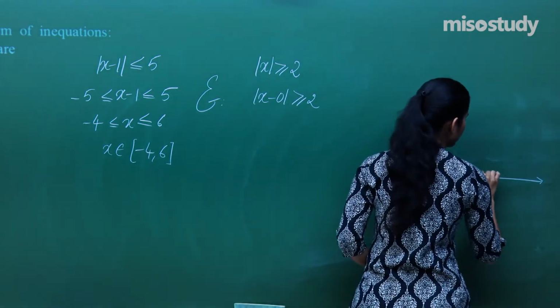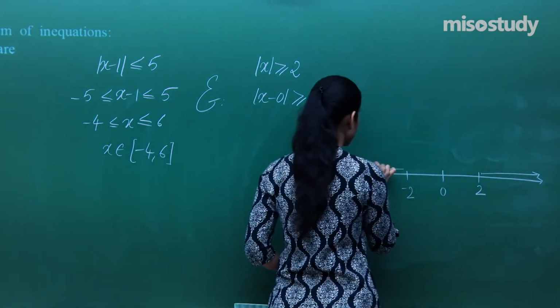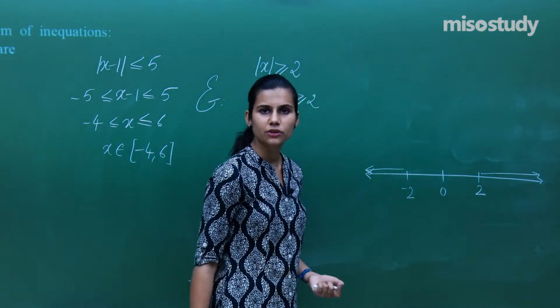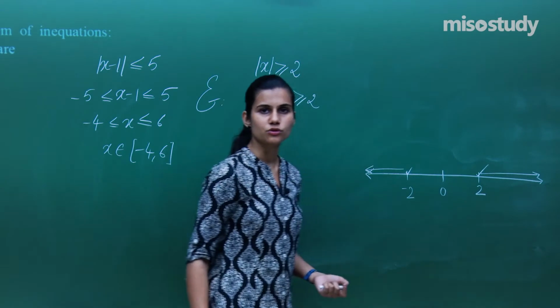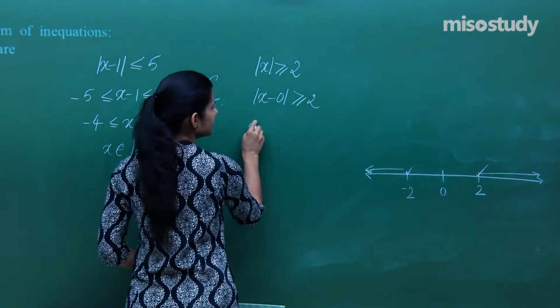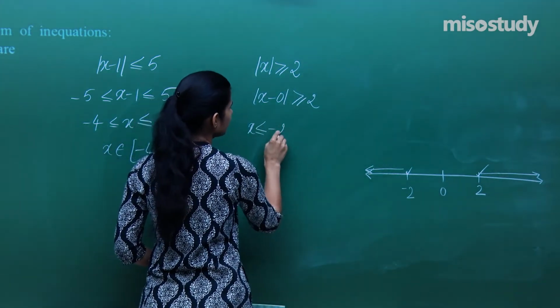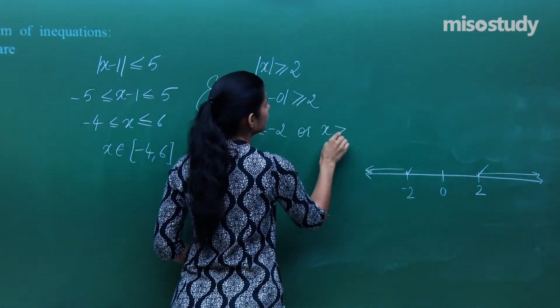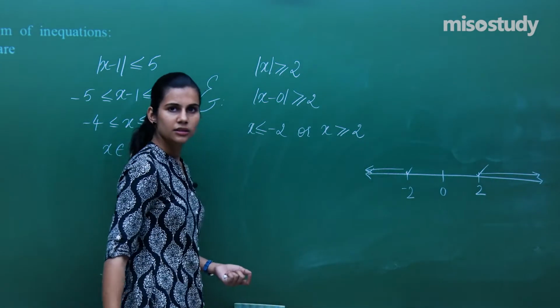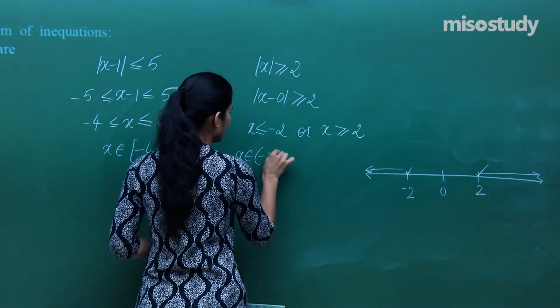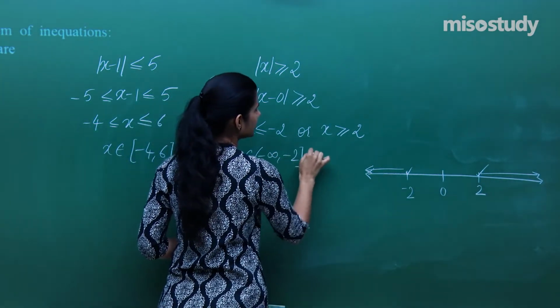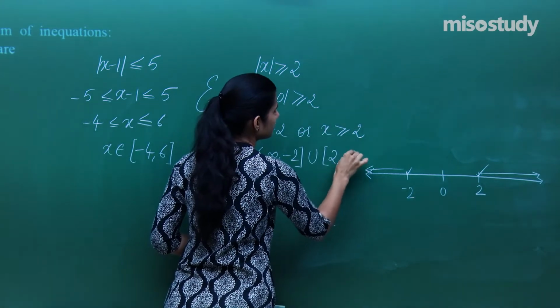So all these numbers are the numbers whose distance from 0 is greater than 2, and these are the numbers whose distance from 0 is equal to 2. That means x is either less than or equal to minus 2 or x is greater than or equal to 2. That means x belongs to minus infinity to minus 2 closed interval, or 2 to infinity.